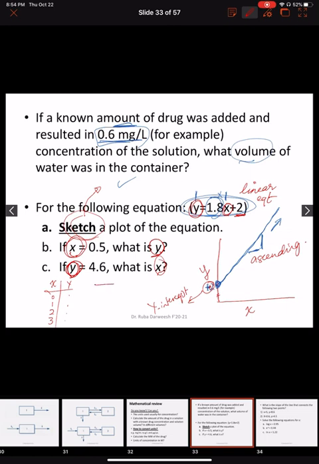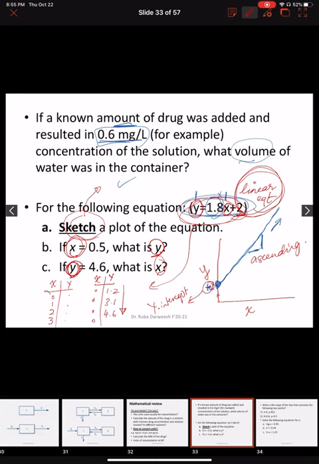And if I give you different y's, 3.1, 4.6, whatsoever examples of the y, using the equation, you will be able to determine the values of x. So again, it's a linear equation. The whole idea of it is that it's a linear equation, so you should be able to deal with it. And we will talk about linear equations a lot, and you'll see when you will use it.